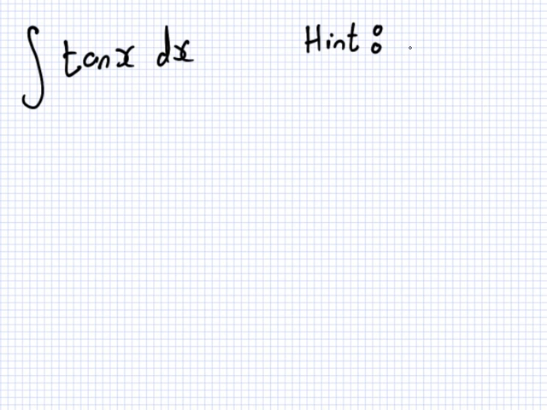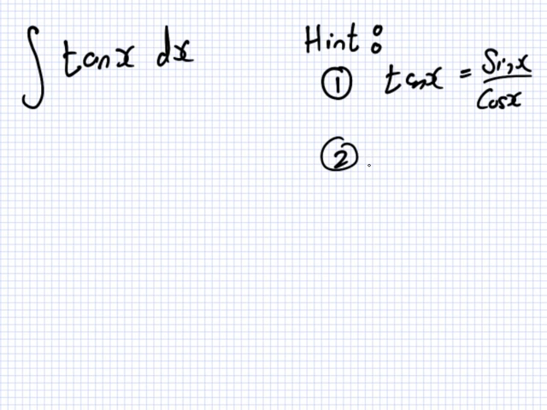Right, I want you to try this one, and I'll give you a hint for it. I want you to integrate tan x dx. And my hint is 2 hints. Hint number 1 is to remember that tan x is equal to sine x over cos x. And hint number 2 is to let u equal cos x. Okay, give that a try, see what happens.